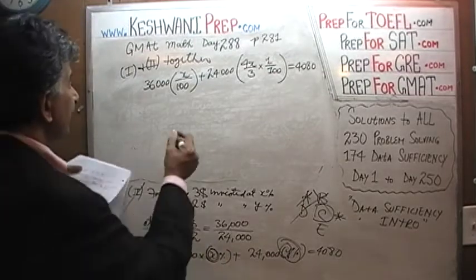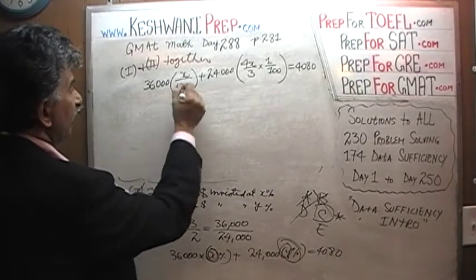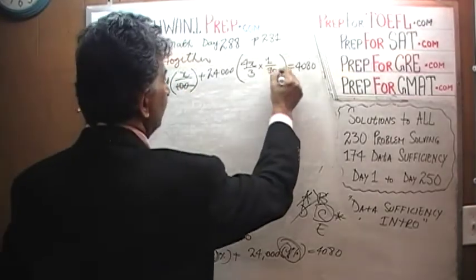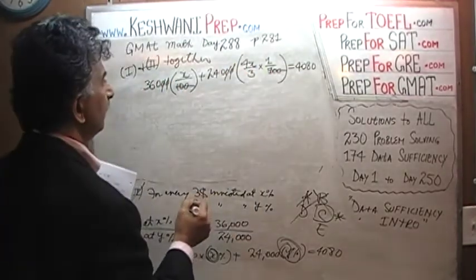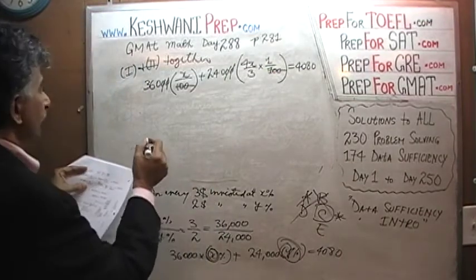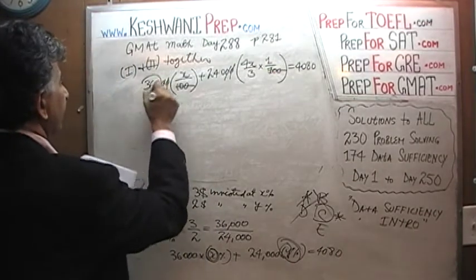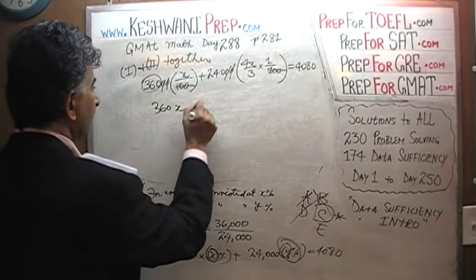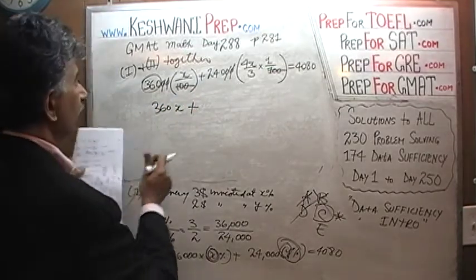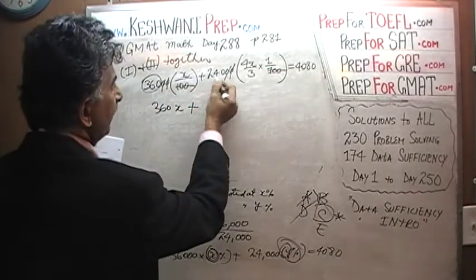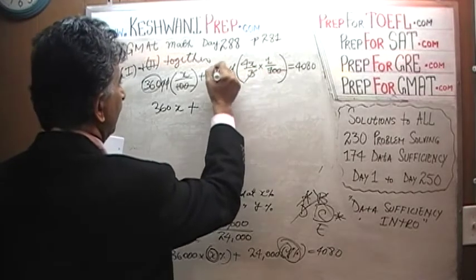Very first thing I'm going to do is, we see two zeros here. I'm going to cross them out with these two zeros. So we end up with 360X plus, I see a 3 here and a 24 here. This 24 and this 3 cancel out, and it's 8.